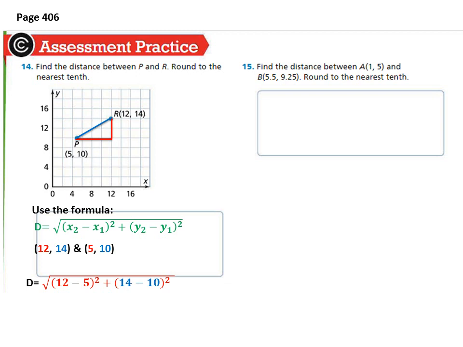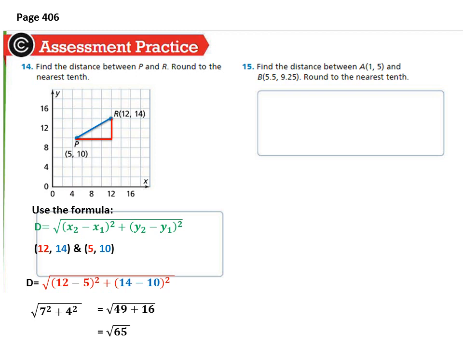What's 12 minus 5? It's 7. Yes. What's 14 minus 10? It's 4. So square root of 7 squared plus 4 squared. Of course, it's equal to square root of 49 plus 16. So it's square root 65.